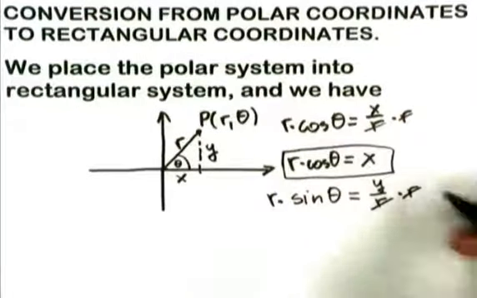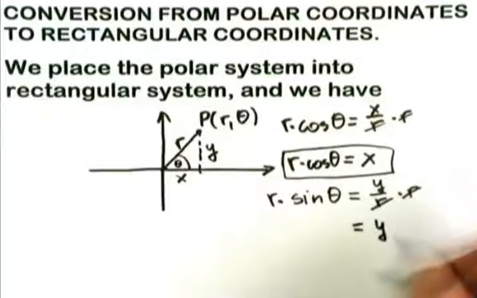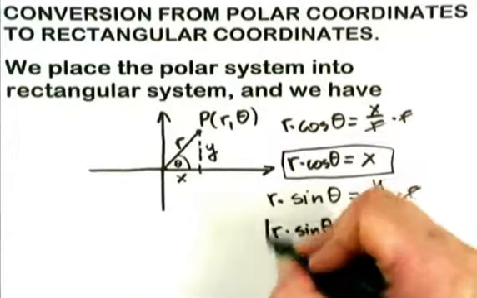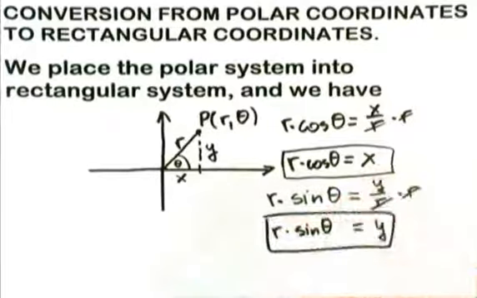The r's cancel out, so I have that y is equal to r times sine theta. And these are my formulae for converting from polar coordinates to the rectangular coordinate system.